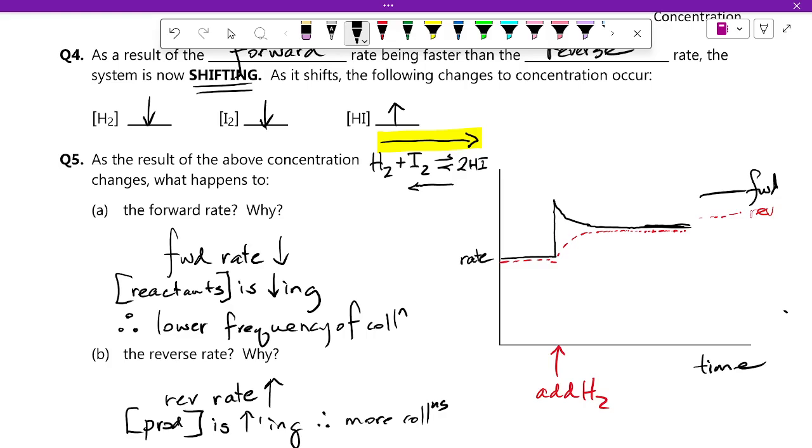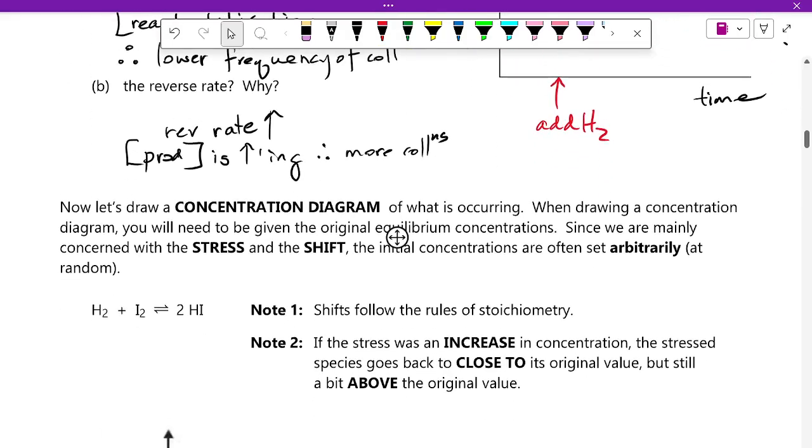Now let's draw a concentration diagram for the same scenario. When you are drawing a concentration diagram, you will need to be given the original equilibrium concentrations. Since we are mainly concerned with the stress and the shift, the initial concentrations are usually just set at some arbitrary value so we can see them going up and down from there.